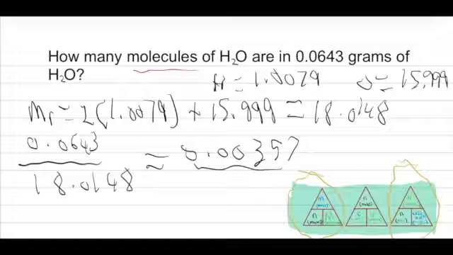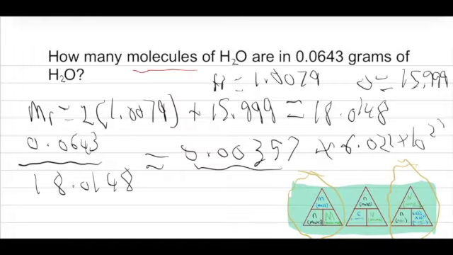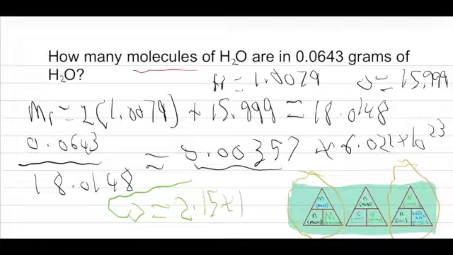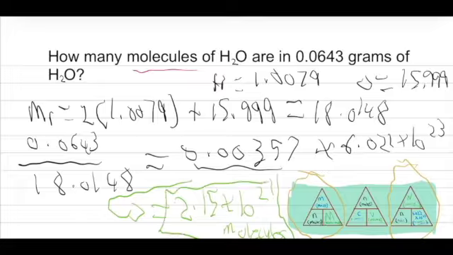We take this and we multiply it by 6.022 times 10 to the power of 23. Now, what do we get? We get the number of particles. So that equals 2.15 times 10 to the power of 21 molecules. There is your final answer.